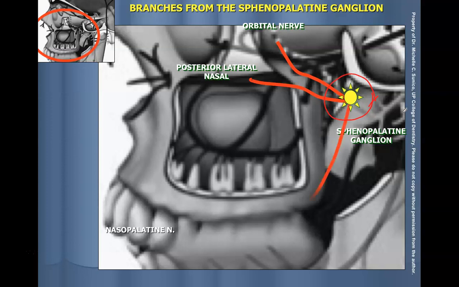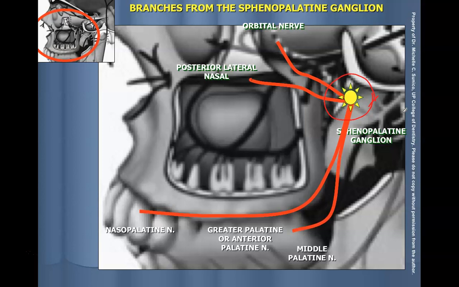One branch goes all the way to the anterior portion, which we call the nasopalatine nerve, which exits right behind the maxillary central incisors. Then we have the greater palatine or anterior palatine nerve, the middle palatine nerve, and the lesser or posterior palatine nerve. So these are the four palatine nerves, which are branches of the sphenopalatine ganglion: the nasopalatine, the greater palatine, the middle palatine, and the lesser palatine.